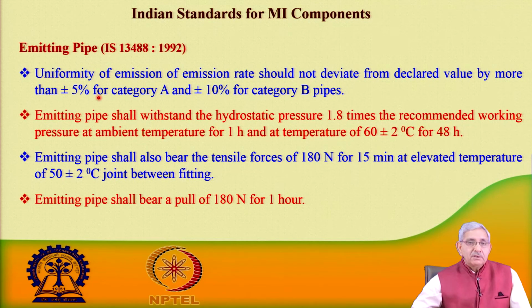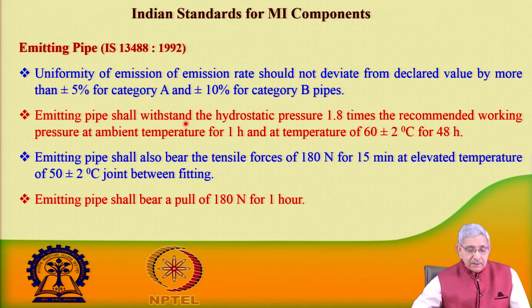So, if it is falling within plus minus 5%, we put such pipelines as category A, that is a very good category. And if it exceeds 5%, but within plus minus 10%, then it is brought under category B pipeline. If it goes beyond this value, such pipelines should not be used for drip irrigation purpose, because it will not meet the requirement, and the basic purpose of using drip irrigation system will not be served.